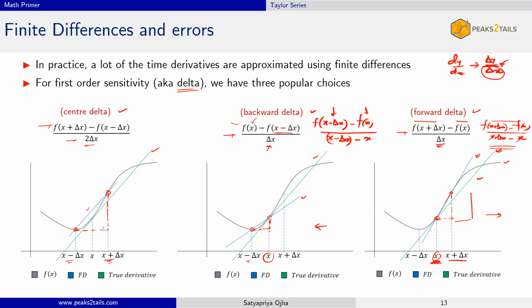Okay, so center delta is definitely much better in terms of accuracy. But at the same time, who can tell me what is the demerit of center delta? We can see the merit definitely. It looks more accurate. I will prove this using Taylor series in five minutes. But is there any downside to center delta?